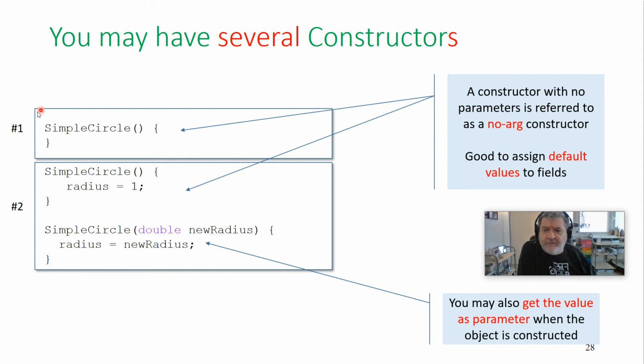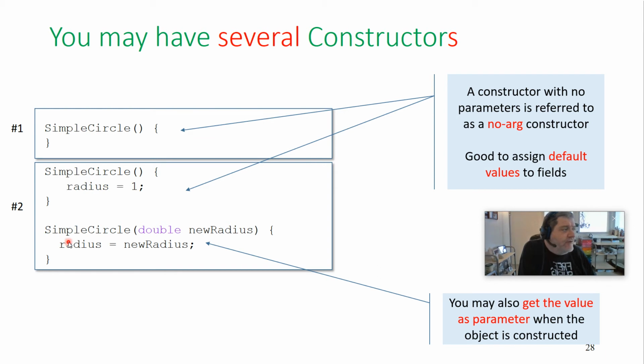For example, the first box here shows a snippet of code that would be inside a class named SimpleCircle, and it shows one constructor that does nothing, okay? Just a placeholder. And then the second box here shows an example of the same class SimpleCircle, but this time, instead of writing just an empty constructor, I wrote a very simple constructor that just sets the radius to 1.